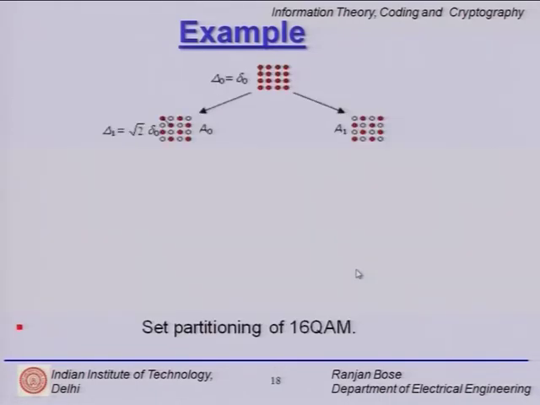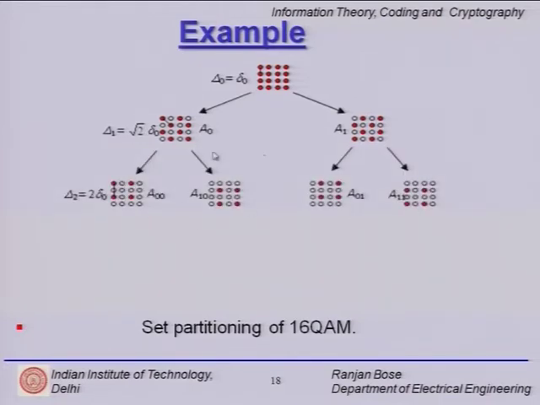So, first we have to do set partitioning, but this time we start with the 16 QAM, and if you see as a first step I divided into 2 subsets, each one we throw out the alternate symbols leading to an increased Euclidean spacing between the symbols as follows, and then we do not stop, we continue further.